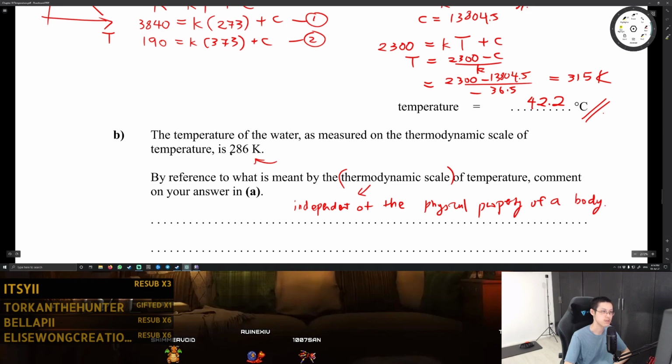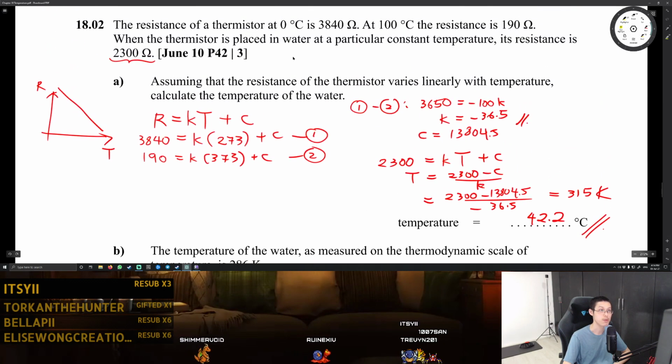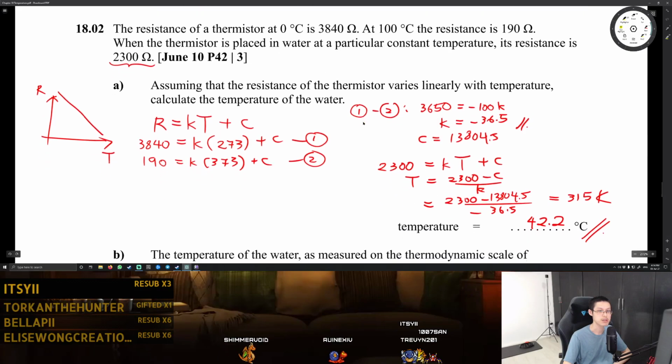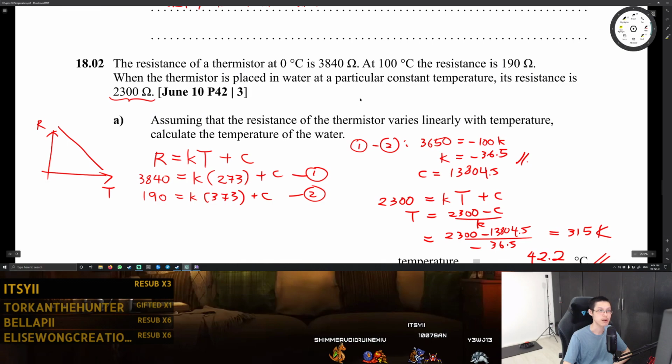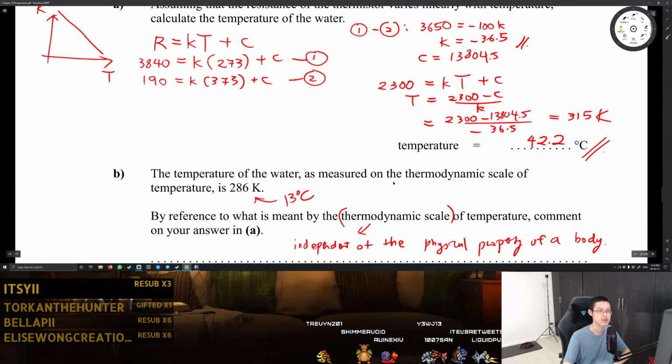So this guy is in fact 13 degrees Celsius. So according to the true scale, it is 13 degrees Celsius. But according to what we've measured on the thermistor, we got 42.2. So why is there a discrepancy between these two?